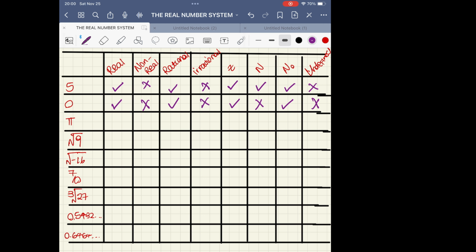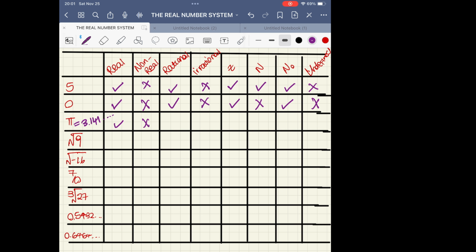And then we have pi. What is pi? Pi is equal to 3.1415 and so on, right? So how is the pattern? Is it repeating? Is it not repeating? What's going on? So is pi real? Yes, it is real.